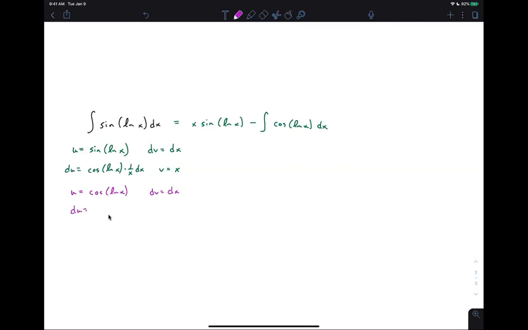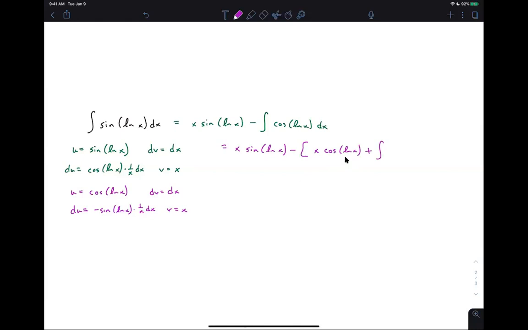du then is negative sine log x times 1 over x dx, and v is x. So now this is x sine log x minus the integration by parts formula, which is x cosine of log x minus the integral of v du. When I do v du, we have a negative that comes out, which is why this is plus at this stage.